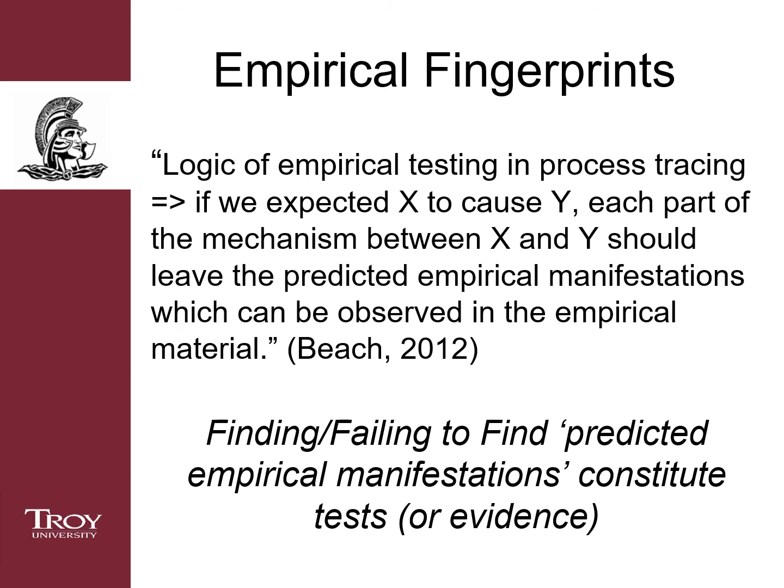I'm not going to engage too much in that, but there is this idea that finding the predicted empirical manifestation or failing to find it is a piece of evidence. It's a clue or it's a test. And what does it mean if you pass a test or fail the test, right?